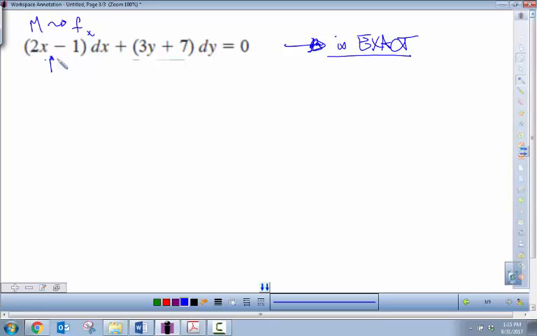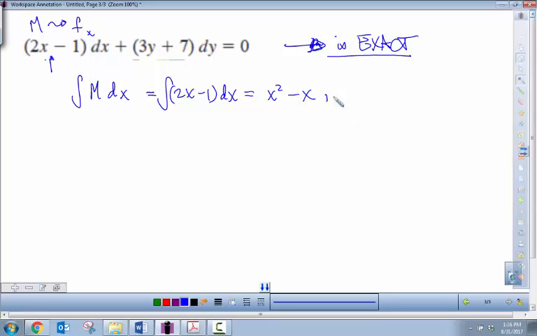So what we could do is take this m function and then take the antiderivative of this with respect to x to try to obtain the original function. And so if we integrate this with respect to x, we're going to get, is this x squared minus x?